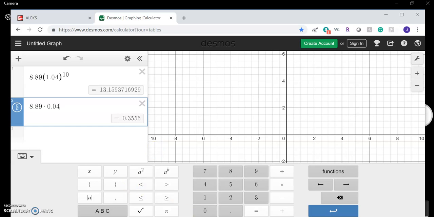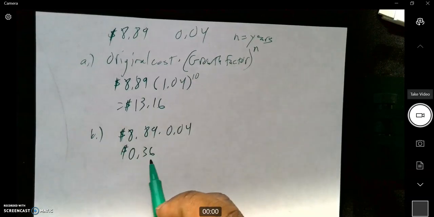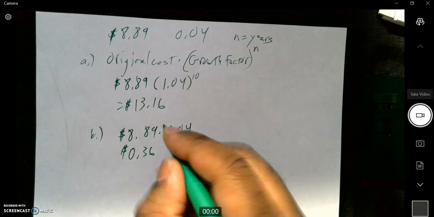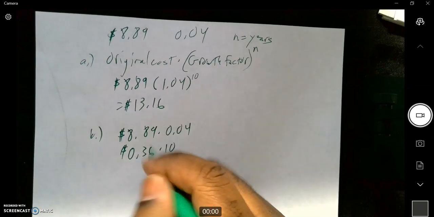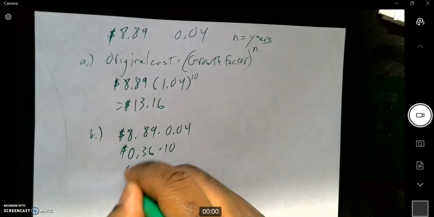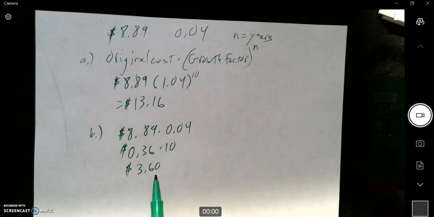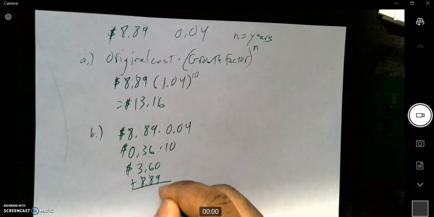So now what we would do with that 36 cents, since we want to know how much interest is going to be accumulated over 10 years, we'll multiply by 10, or the price increase. So that would end up giving us $3.60. So we would take this value and add it to the original value, which is $8.89.